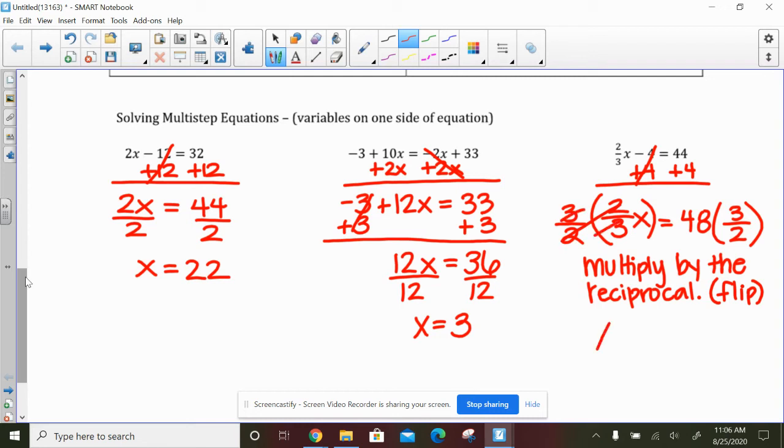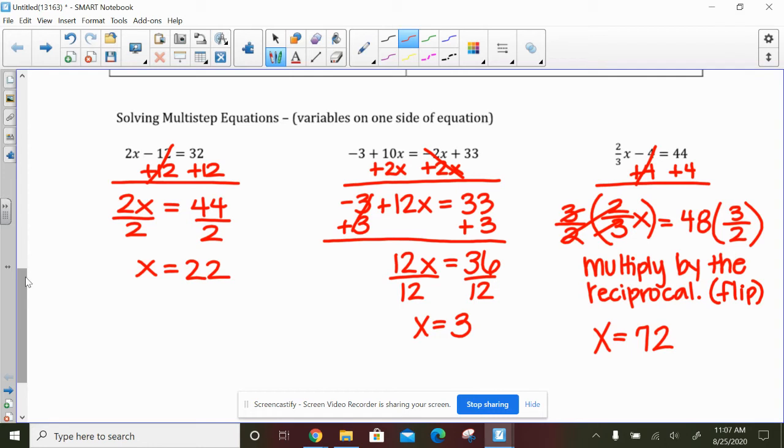And I'll just have x. Now over here, I'm going to multiply 48 times 3 and then divide it by 2. So 48 times 3 is 144 divided by 2, and you get 72. And that is your answer for that one.